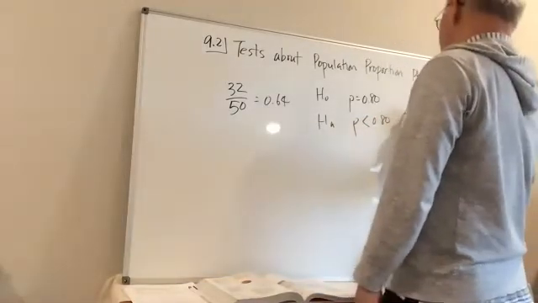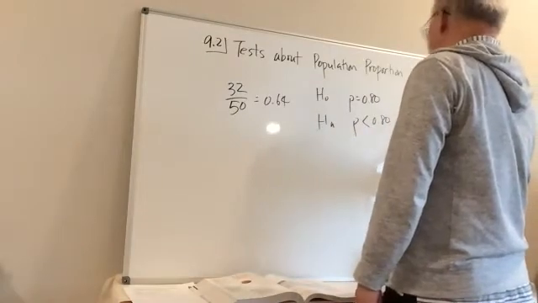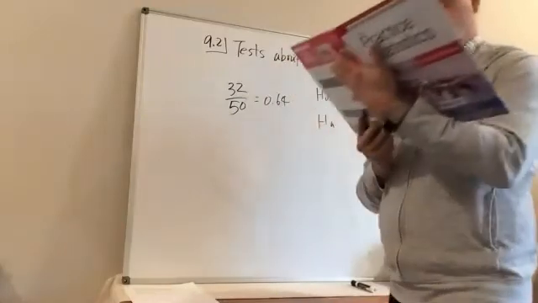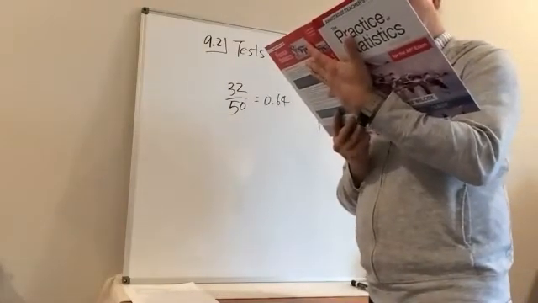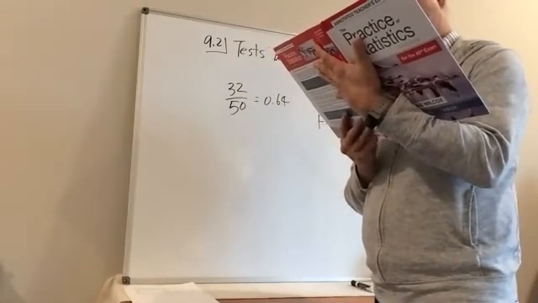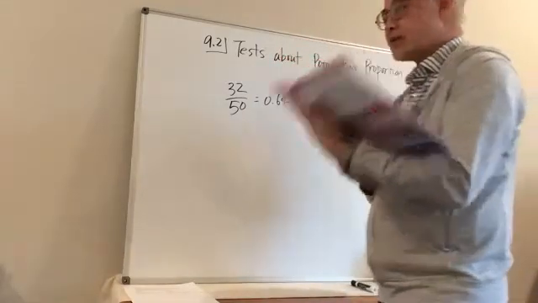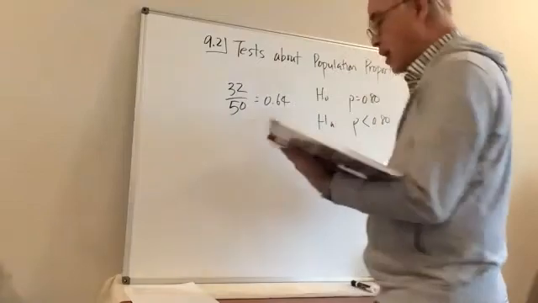Okay, and we're going to use an alpha of 0.05, I believe? It doesn't say, so if it doesn't say, that means it is 0.05.